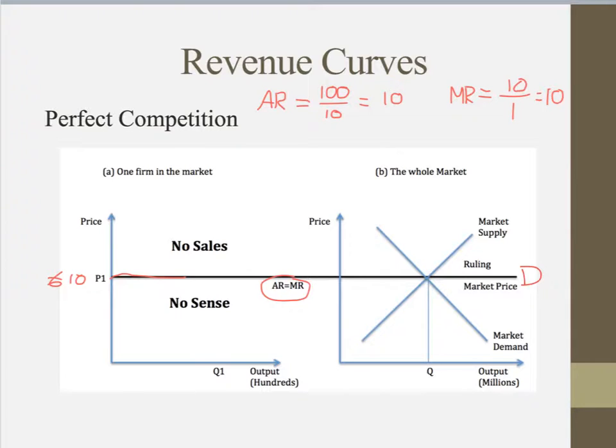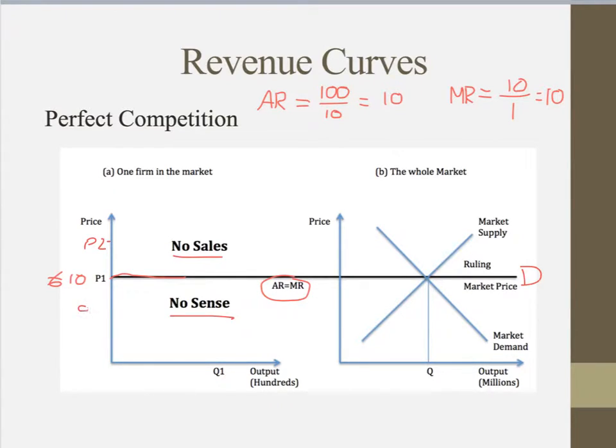The reason it says no sales is because if you raise your price to P2, now you can go and buy elsewhere, because there's many firms at P1, so you can go somewhere else quite easily and get it for the price P1, so you wouldn't buy at P2.